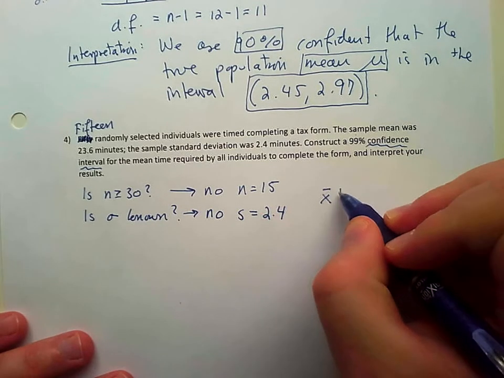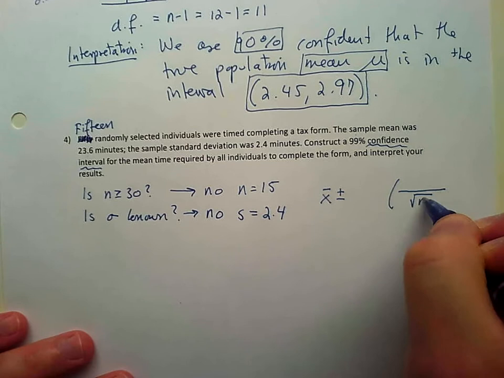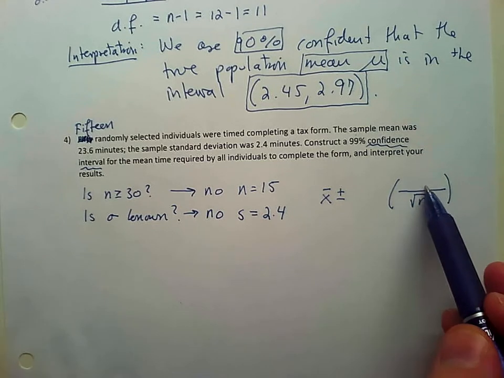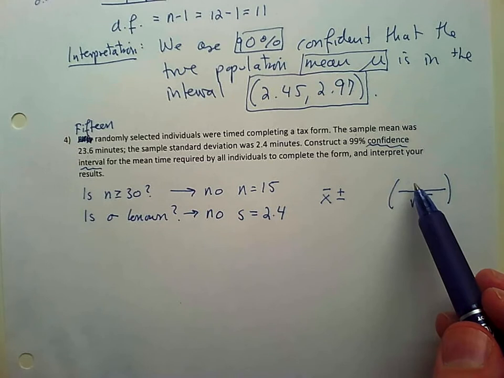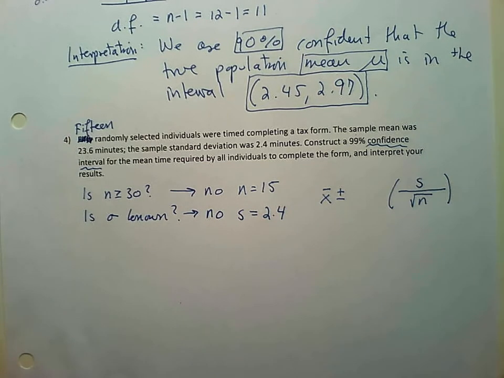The bare bones that we're always going to use to calculate out our confidence interval is this formula right here. Now we just need to figure out what we're going to put up here in our numerator. Our numerator is always going to have the standard deviation in it. If we know sigma, we're going to use sigma, but we don't know sigma, so here we're going to now use the sample standard deviation S instead.